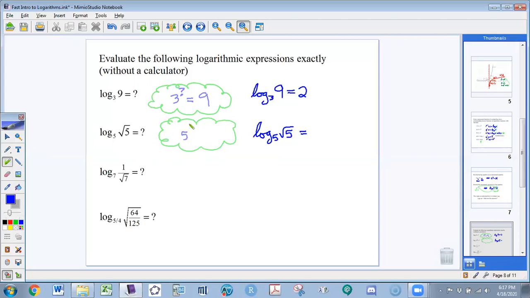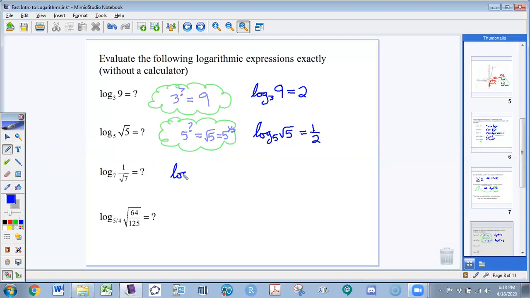It says 5 to the question mark equals the square root of 5, but I know the square root of 5 is 5 to the 1/2. So what exponent would I put on 5 to get the square root of 5? I would put 1/2. So this is how logarithms work. And at least to begin with, this is pretty much how simple they are. They're really not as much of a mystery as we would imagine.